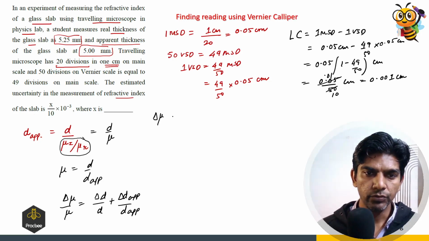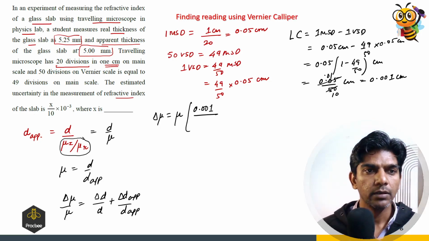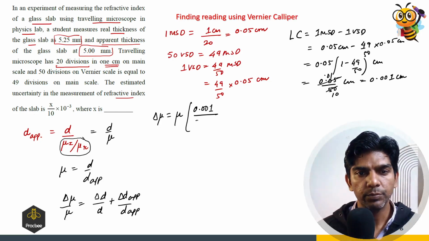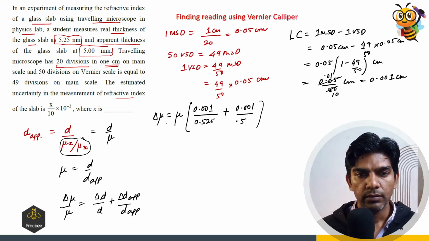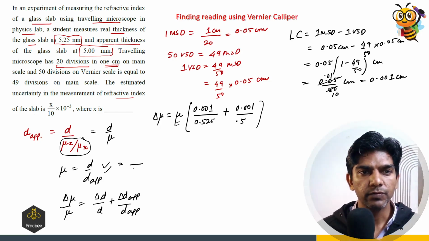So delta mu is equals to mu times delta D is 0.001 centimeter divided by D. So actual depth, real depth thickness is 5.25, or it can be 0.525 centimeter plus 0.001 divided by 0.5. And this mu, we can find this mu by using this formula. So D is original depth and apparent depth is 5.